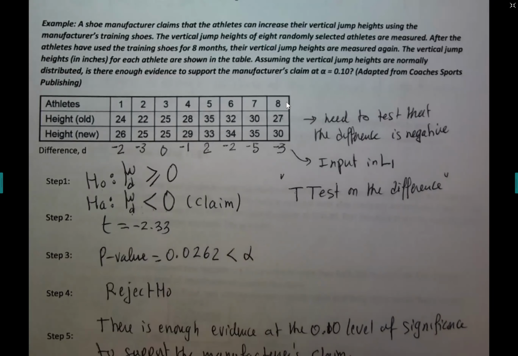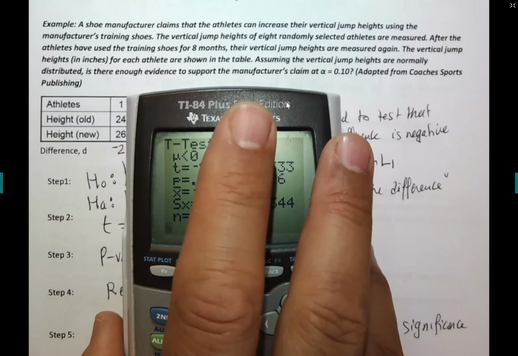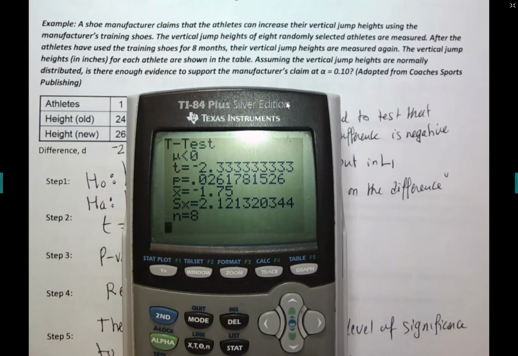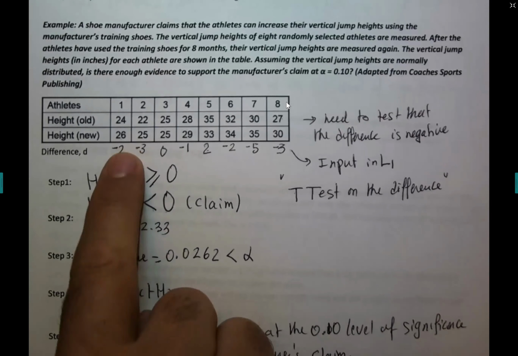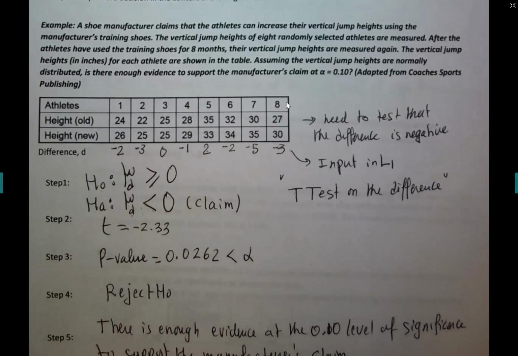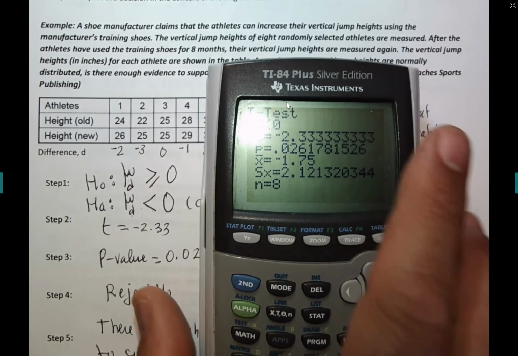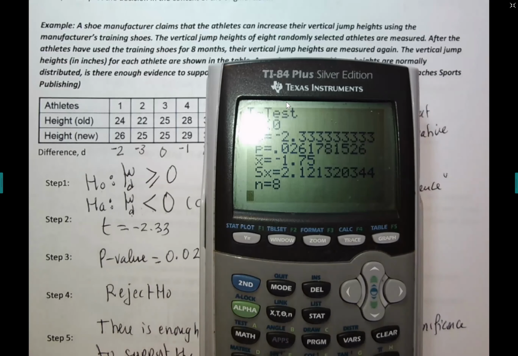Do you guys still remember how to find the mean and the standard deviation if you have a data set? That's something we did in chapter 2. I don't want you to do anything by hand. I mean, you could add them up and divide by 8 and you get the mean, but the standard deviation is a lot of work to do by hand. Do you guys still remember how we go about finding the mean and the standard deviation?